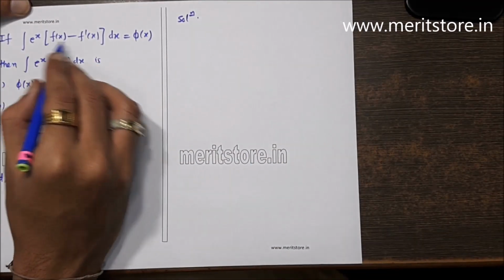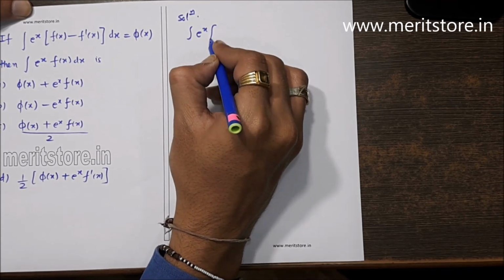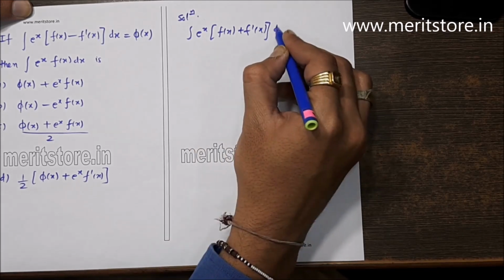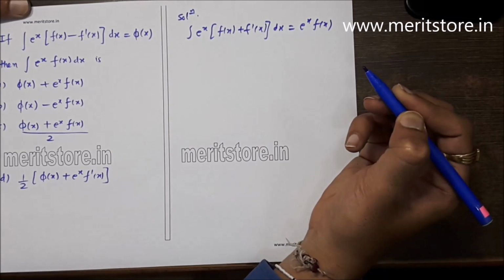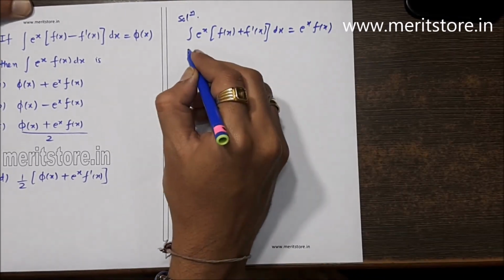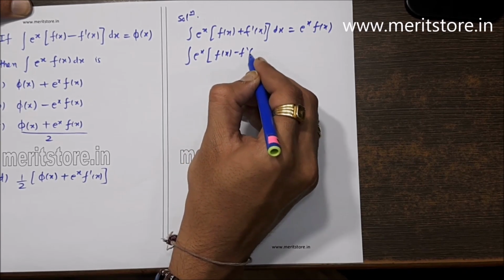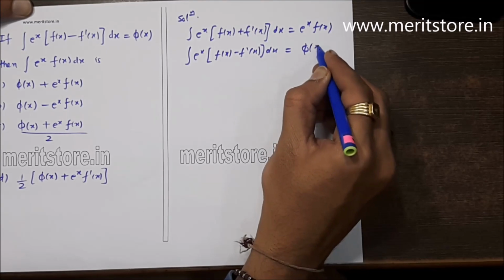Looking at this pattern, we also know that integral of e raised to x (f of x plus f dash of x) is a well-known identity, e raised to x f of x. Also, integral of e raised to x (f of x minus f dash of x) in this case is said to be phi of x.